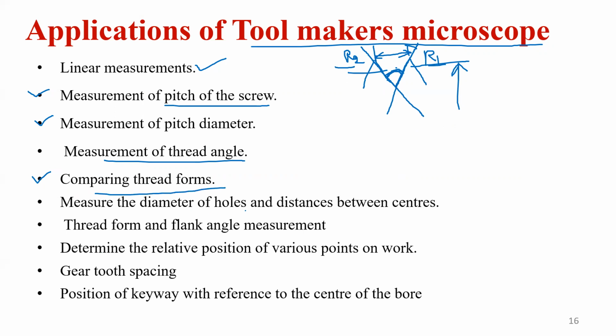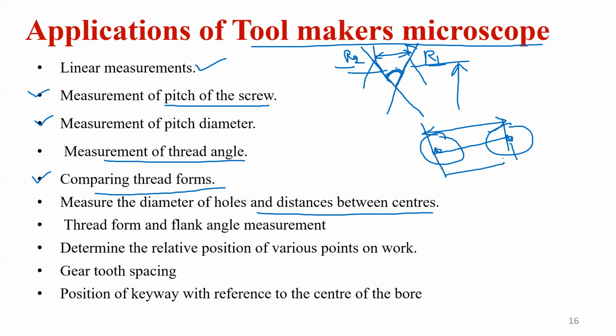Measure the diameter of holes and distances between the centers. So we can measure the center distance between the two holes. As it is a linear distance, you can measure the center distance by rotating the micrometer screws. One micrometer is set at the center of one hole, and then it is moved onto the center of the other hole, so that we can measure the distance between the two holes.